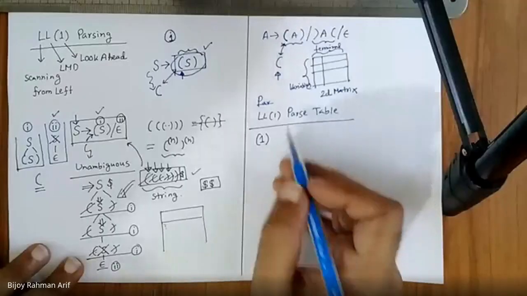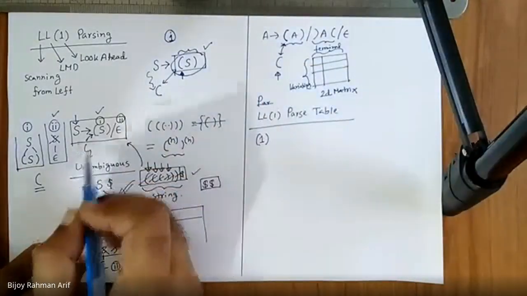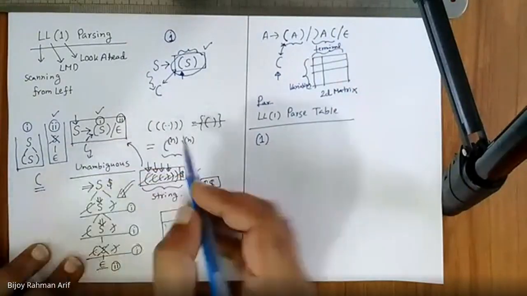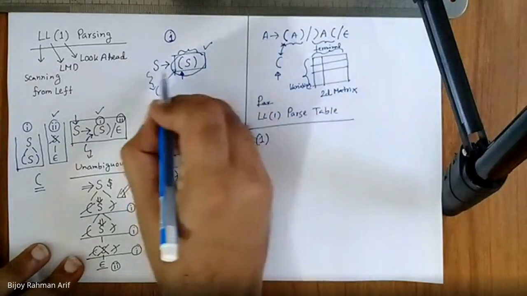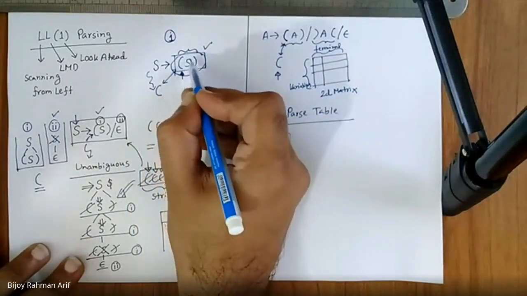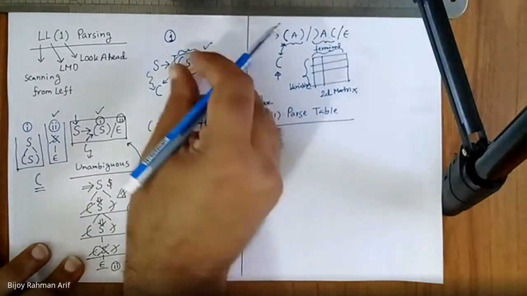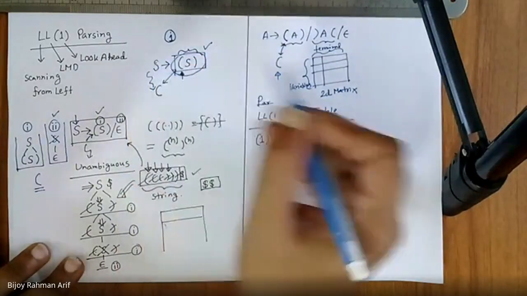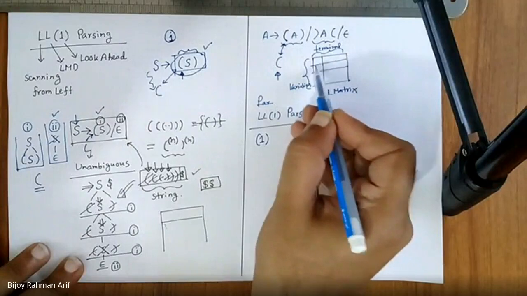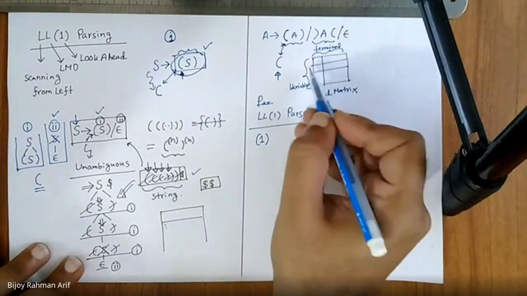So for this rule, let's take this rule: S derives open parenthesis S close parenthesis. Where should we put this rule? S is nothing but the number of rows.